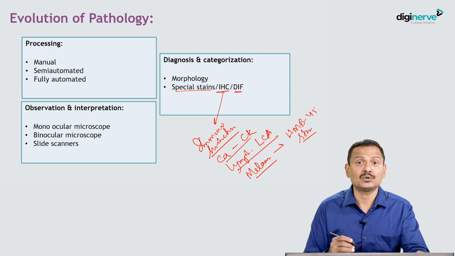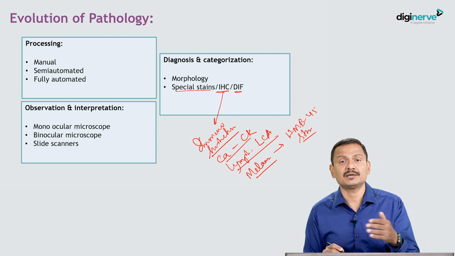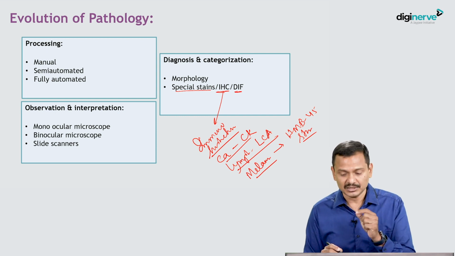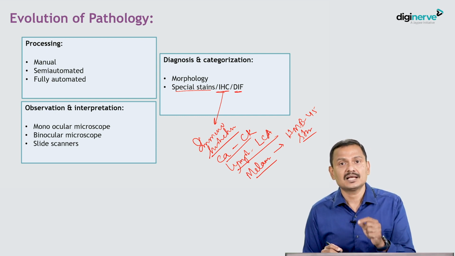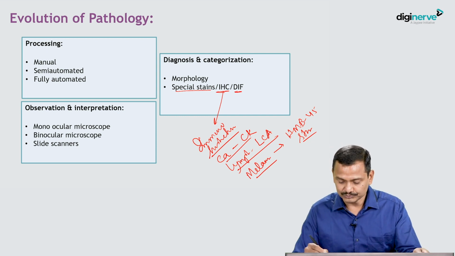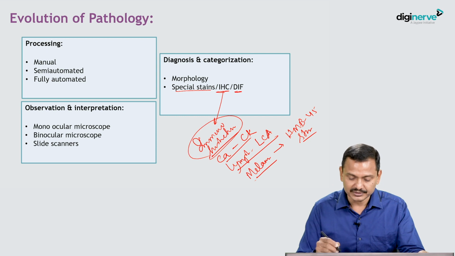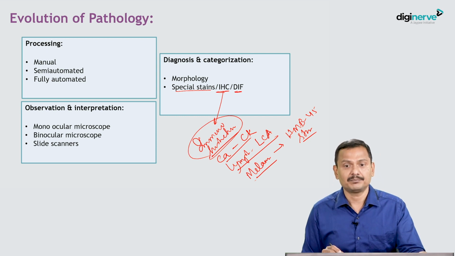That is how things have evolved. Previously a professor would say that this is melanoma and the report would go as melanoma. Today the clinician will ask us, sir, are you convinced it is melanoma, or it could be something else, and we have to prove it with the help of these immunohistochemical markers.